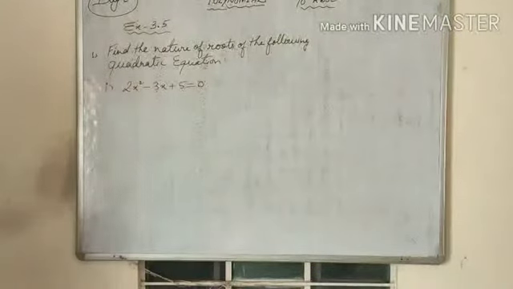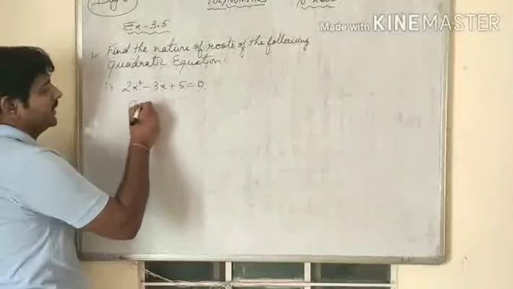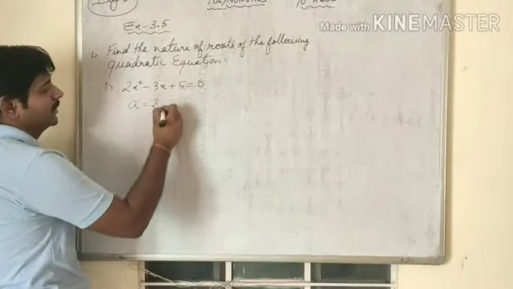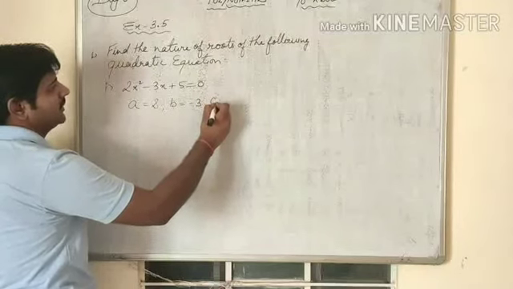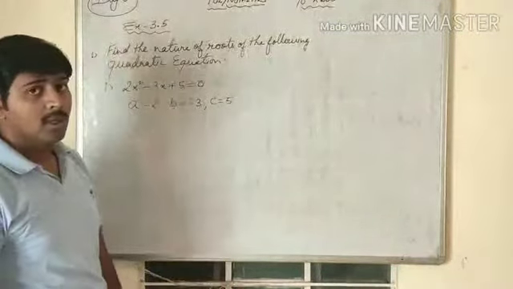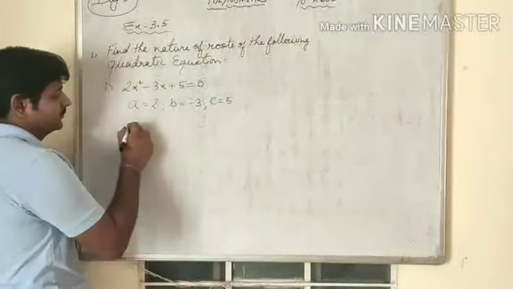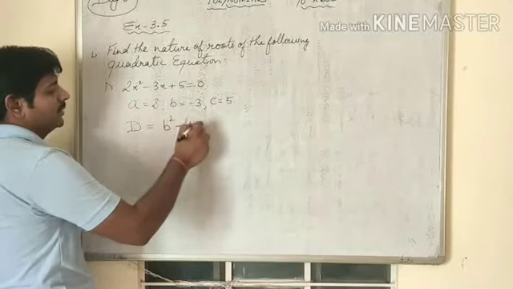We only have to observe the discriminant first of all. According to this, A is 2, B is minus 3 and C is 5. Our discriminant is b square minus 4AC.